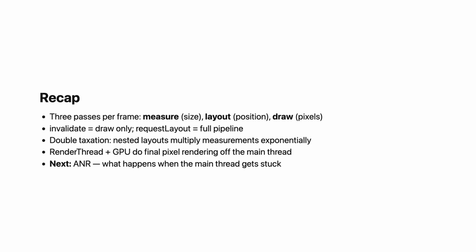The render thread sends display lists to the GPU for final pixel rendering. Overdraw means painting the same pixel multiple times, wasting GPU cycles. Compose follows the same concepts with a more efficient single-pass layout and smart recomposition. Flat hierarchies minimize traversal work and avoid measurement multiplication.